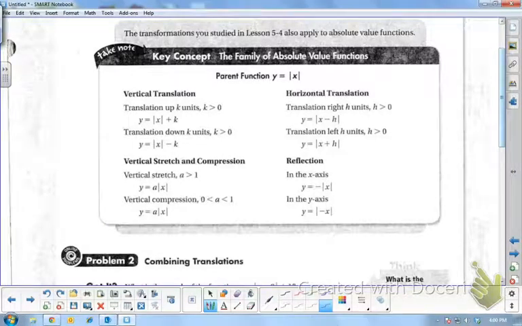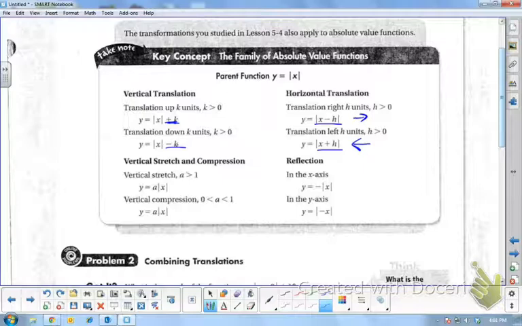Shows us that our vertical shift is up or down depending on the number behind. Our horizontal shift is determined by the inside number, if it's inside the absolute value bars. And when it says translation right, if it's negative, we actually go to the right. If it's positive, we go to the left, just like with quadratics.